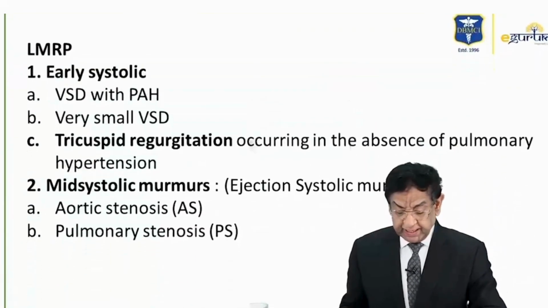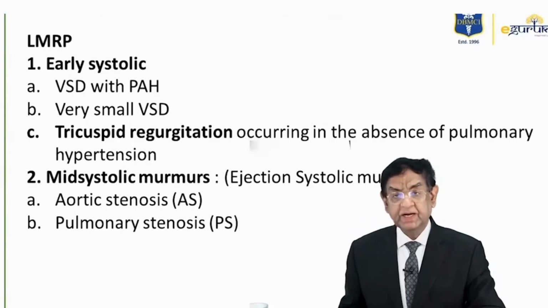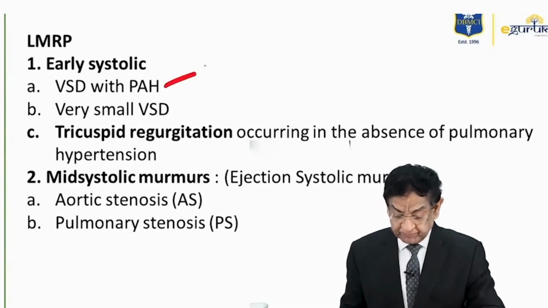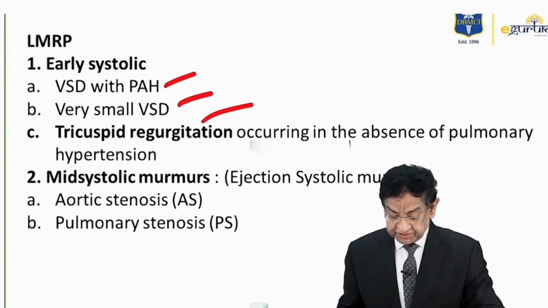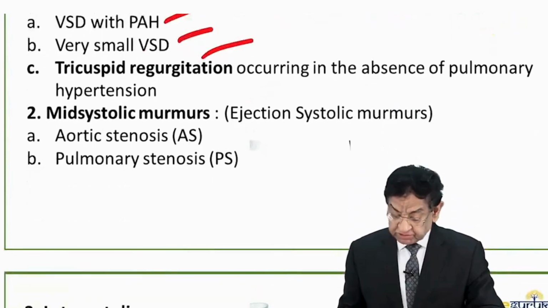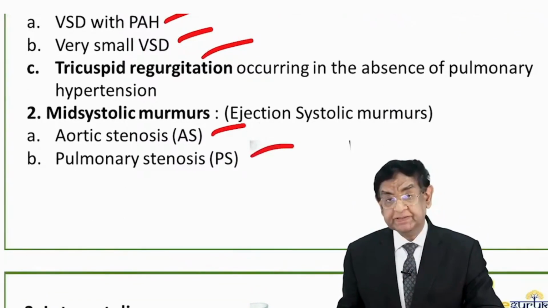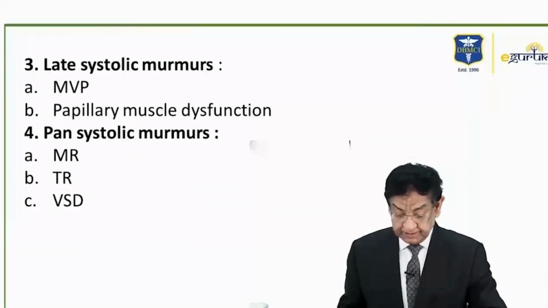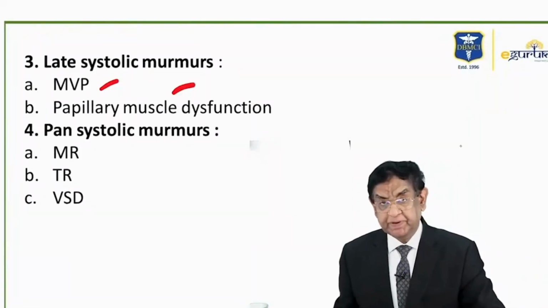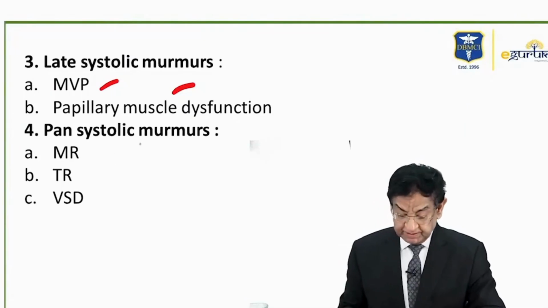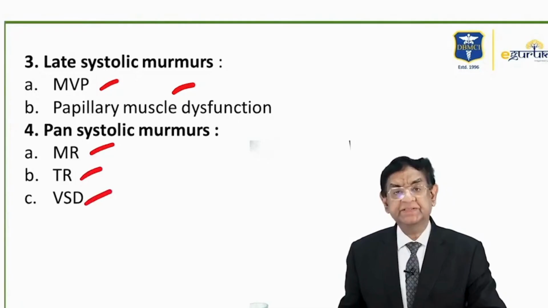So a quick recap of the murmurs. Early systolic murmurs are VSD, very small, and tricuspid regurgitation. Mid systolic are AS and PS. Late systolic are MVP and papillary muscle dysfunction. Pansystolic are MR, TR, VSD.